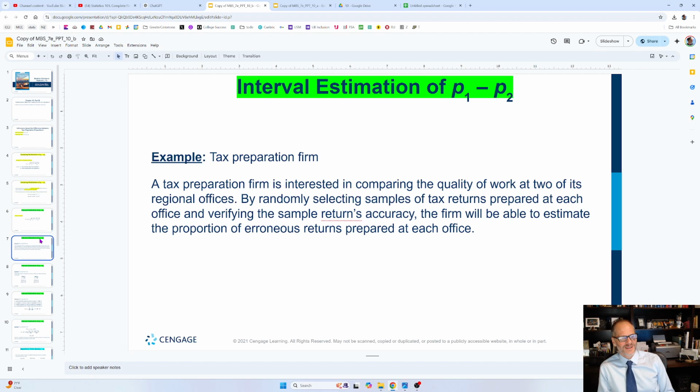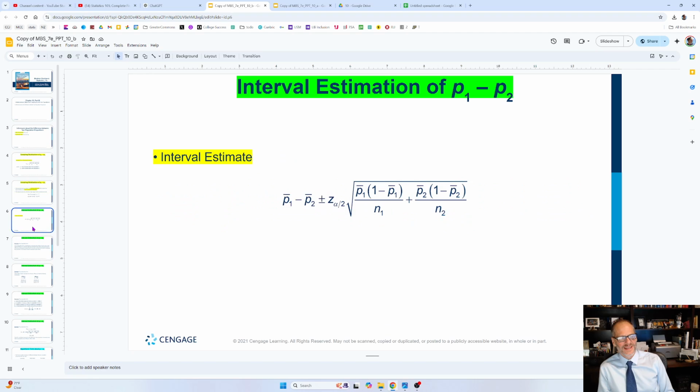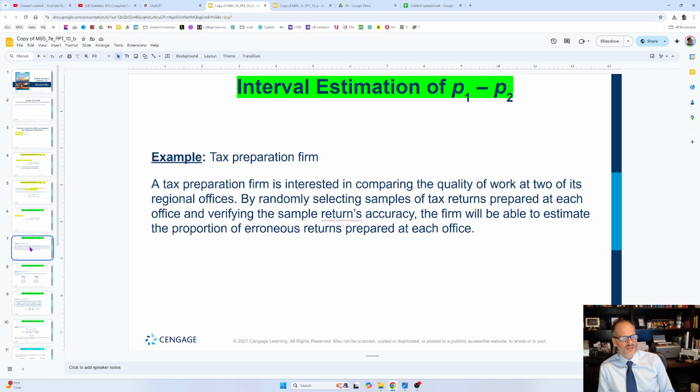I don't know if that's grammatically correct, but you get the idea. And you can find the differences between those proportions and get an interval estimate to see how big this difference is, with a certain amount of confidence, between Floridians and Californians in the proportion that like orange juice. And then you could use that for marketing purposes, making more money, which is kind of what it seems to be all geared towards.